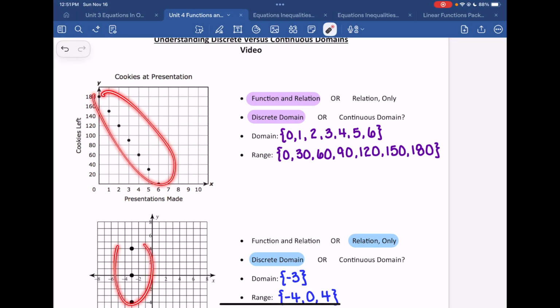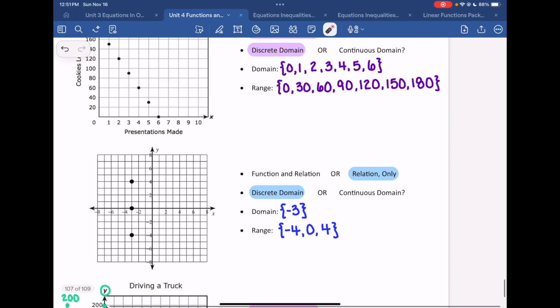In that case, you just list the domain and range using braces. And by the way, I forgot to mention this, but you don't repeat the values. If you were to list the ordered pairs for this, each one would have an x value of -3, but you don't write it 3 times. You only write it once.